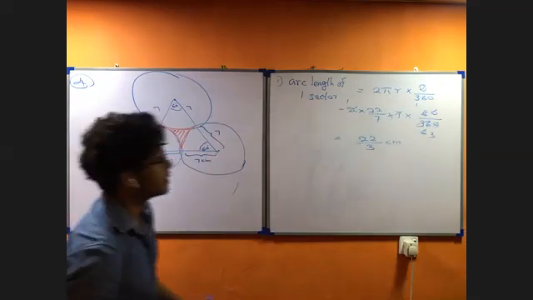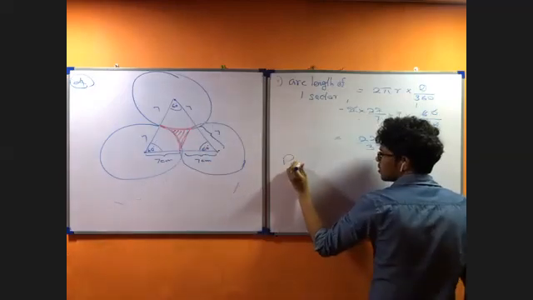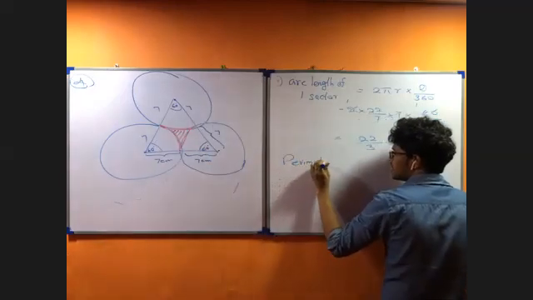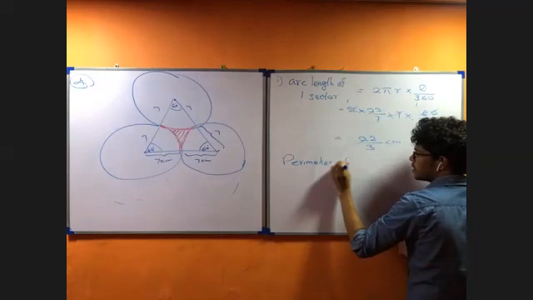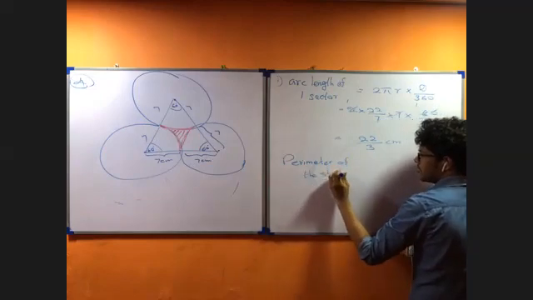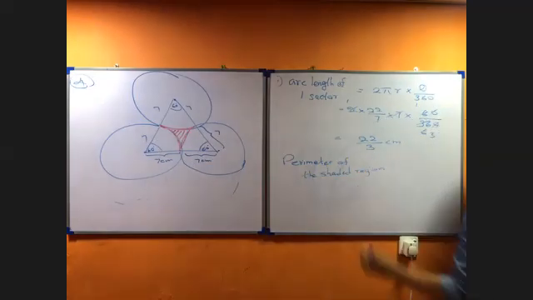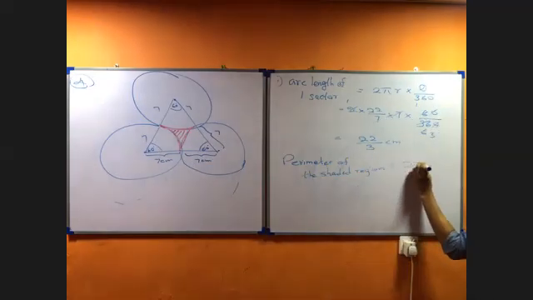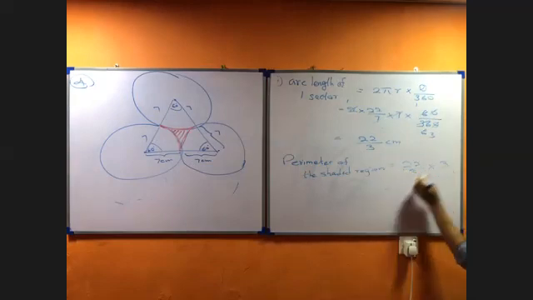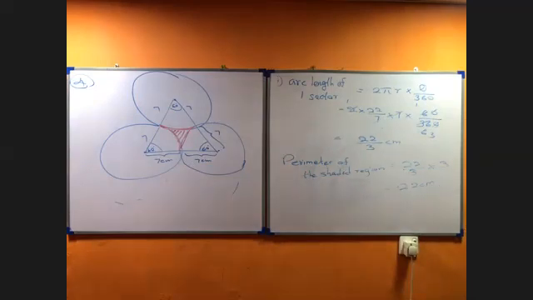So the perimeter of the shaded region is equal to 22/3 multiplied by 3, which gives you 22 centimeters. So that is the perimeter of the shaded region.